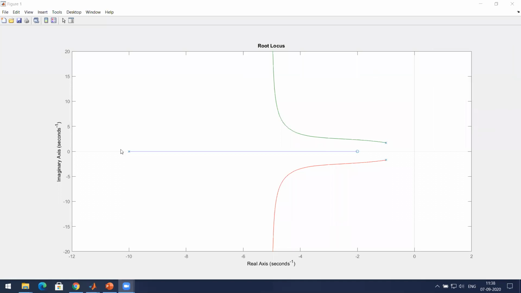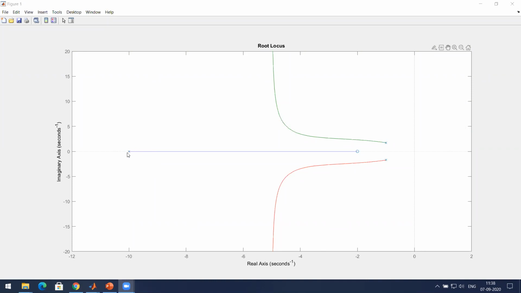Here poles are greater, 3 poles and 1 zero. So this pole is far away from the imaginary axis, so it can be ignored. It is not going to affect the system response.